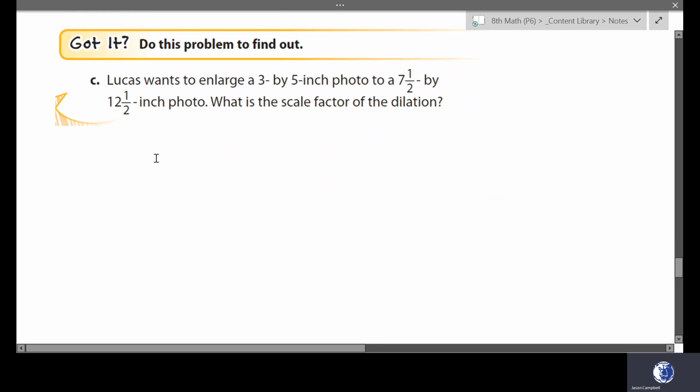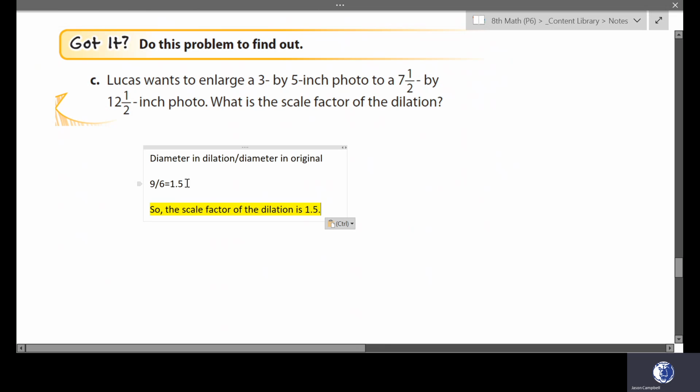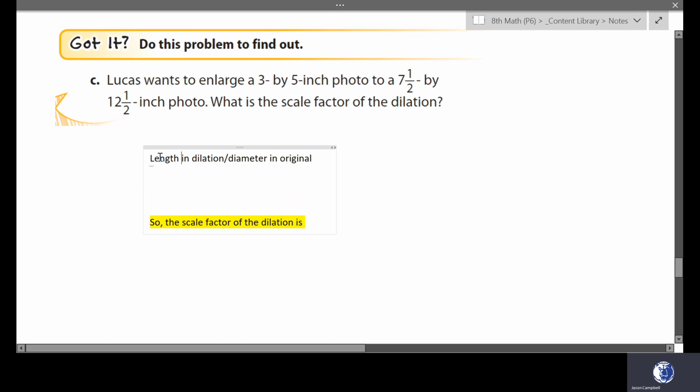Got It C says Lucas wants to enlarge a 3 by 5 inch photo to a 7.5 by 12.5 inch photo. What is the scale factor of the dilation? So let's do diameter in dilation over diameter in original. Or this time we can just do length in dilation over length in original.